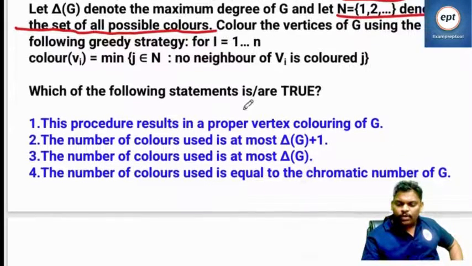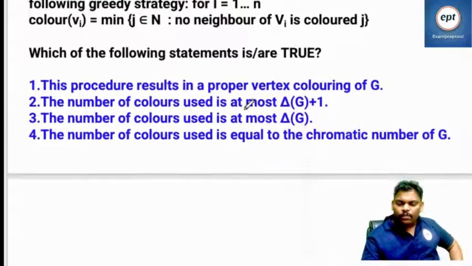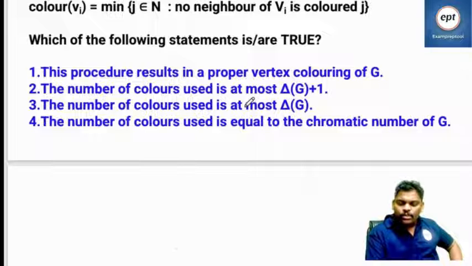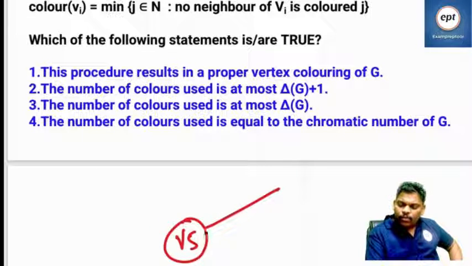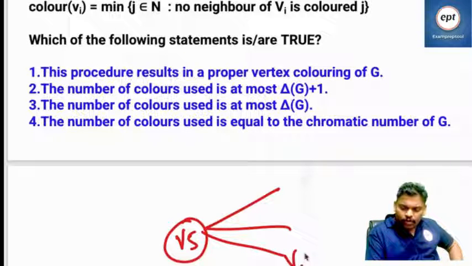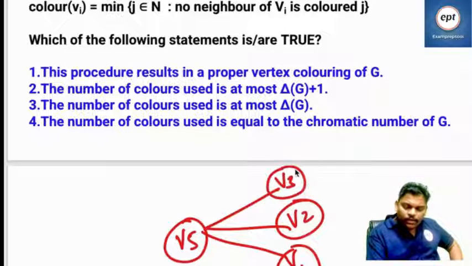So can you help me with one small line? According to this algorithm, what is the V5 color? It is V1, V2, V3. Assume that their colors are C1, C2, C3.